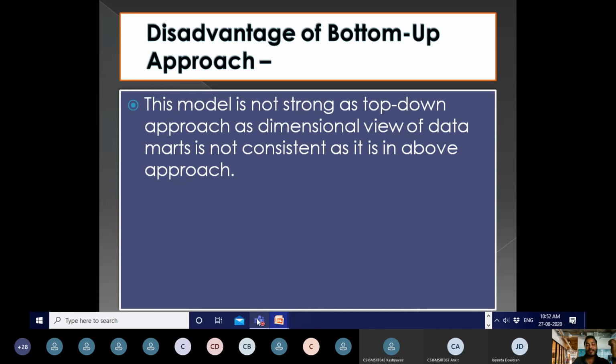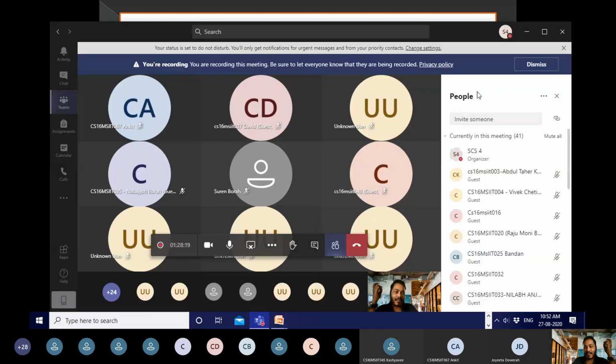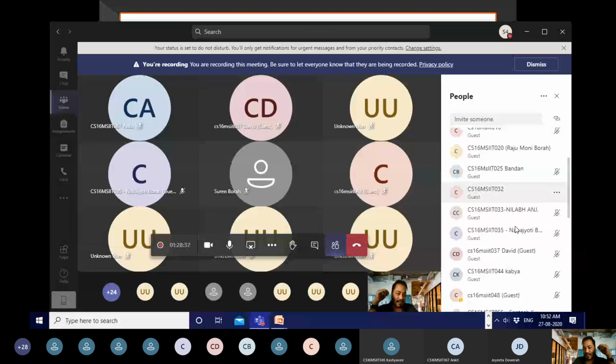Come on, think. This is not fair, guys. You are more than 40. Only a few students are responding. They are very sincere, but you also try to be sincere. Raju, are you in class today? Are you there, Raju? Yes, sir. I can see you. Okay, I want a response from you also.